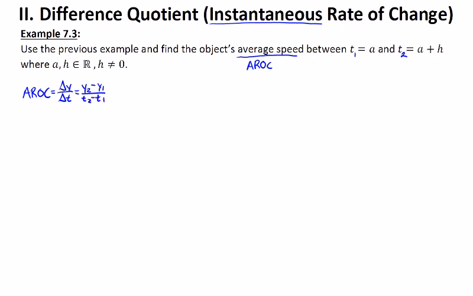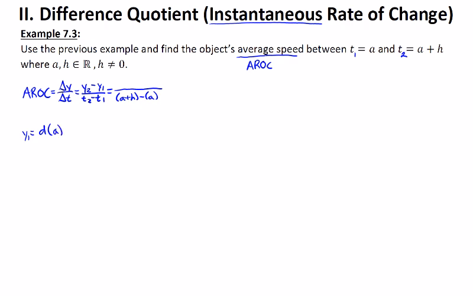So we know what t2 and t1 will be represented as. They are a plus h minus a. But I don't have a representation yet for y2 and y1. So let's start with y1. y1 is going to be equal to d of a.